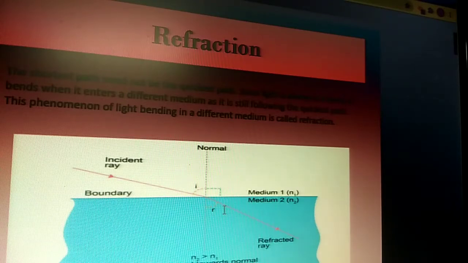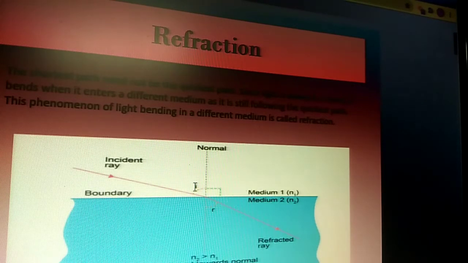Now what are the causes for refraction of light? One is the medium, that is transparent. Second is the optical density, which is the refractive index.